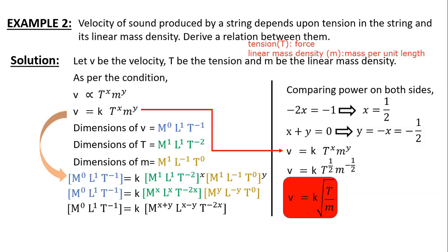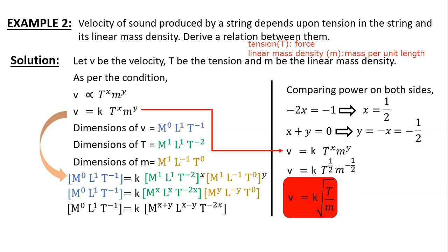This is called the velocity of sound obtained on a string whenever a string oscillates between two fixed ends, and by plucking it we try to produce the sound. Examples are string based musical instruments, like guitar and violin. Whenever you pluck the string, it starts vibrating and produces a sound.